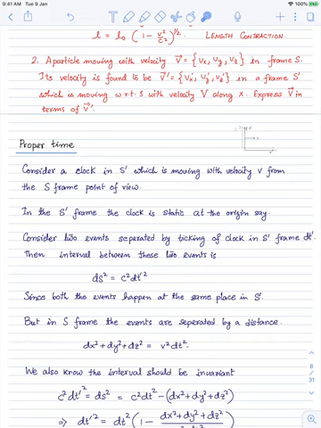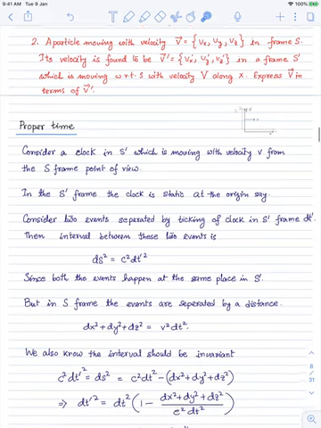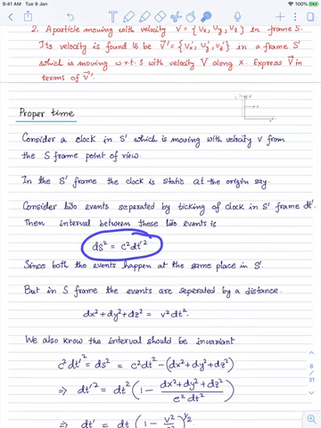Its location doesn't change, but it ticks, so its time is changing. So in the S prime frame, the interval between two ticks of the clock is just given by c squared dt prime squared, because it is happening at the same location. Therefore dx squared is 0. This is the interval from the S prime frame point of view.